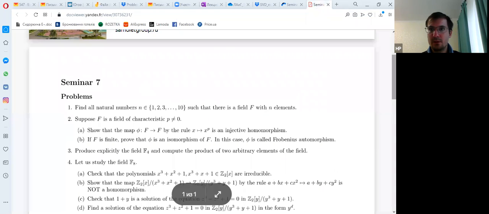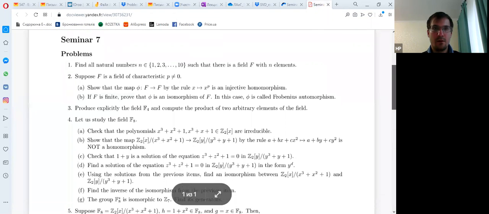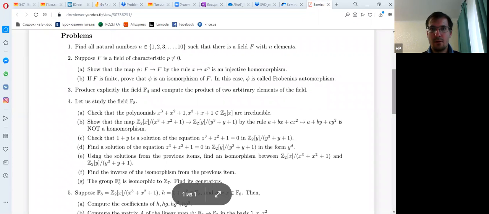Okay, let's proceed with number 3. We need to produce explicitly the field with 4 elements. It seems that this is a very, very useful task.